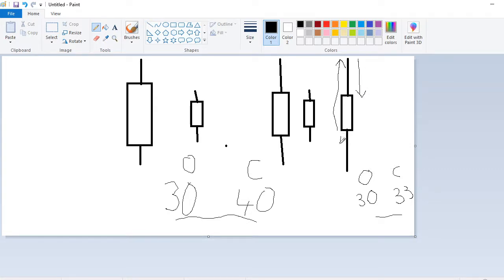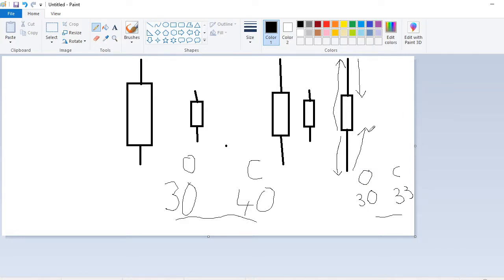If they tried to push it down, then again buying pressure came and they pushed it up. So what does that mean? There is no certain trend, there is more volatility in the market. If the buyers are trying to push it up, then sellers are pushing it down. If the sellers are pushing it down, then buyers are pushing it up.